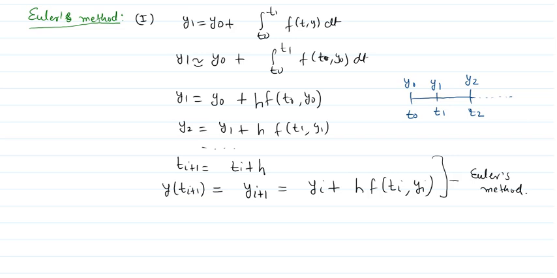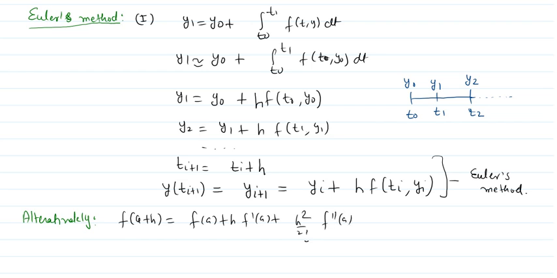And similarly you go further, y2, y3, and you can calculate the solution at different points by taking a suitably small h. Alternatively you can derive this method from Taylor series. That is important. The Taylor series of any function about point a is f(a) plus h f'(a) plus h squared by 2 factorial f''(a), and so on. So this is an important series.